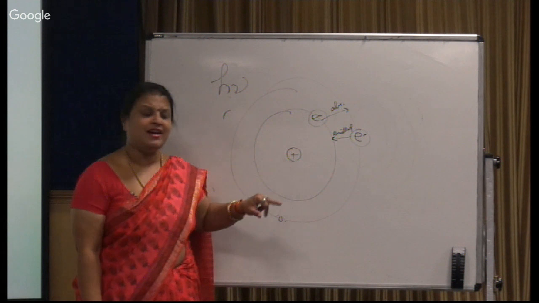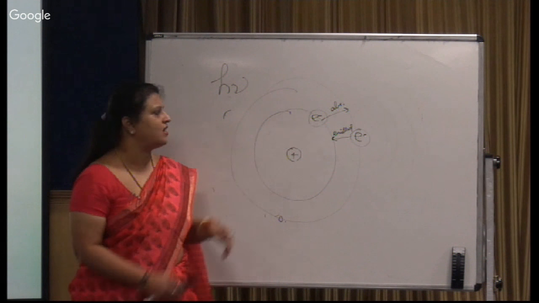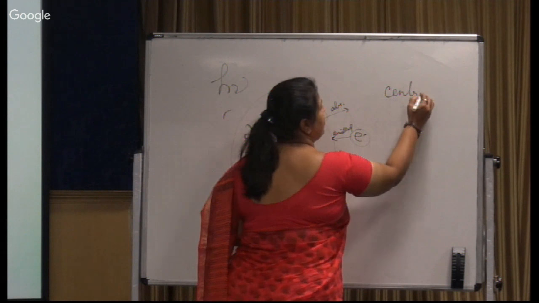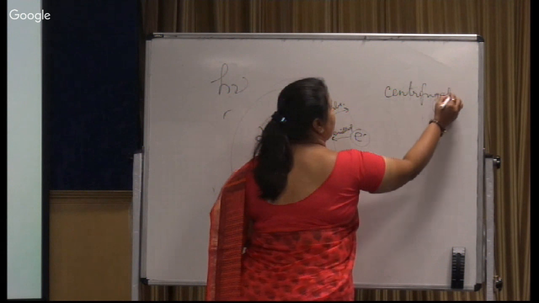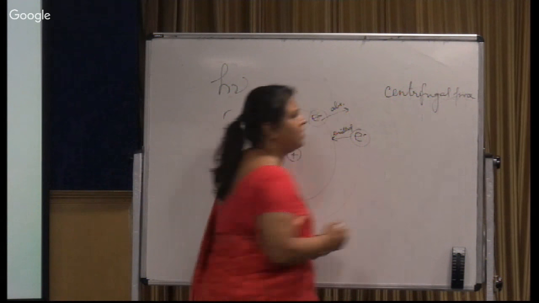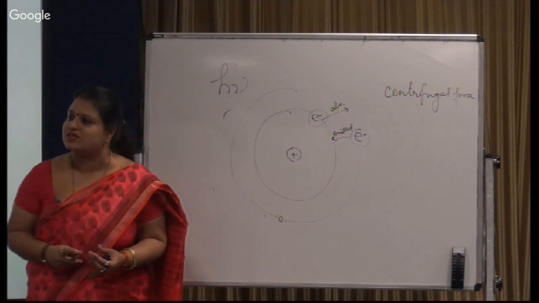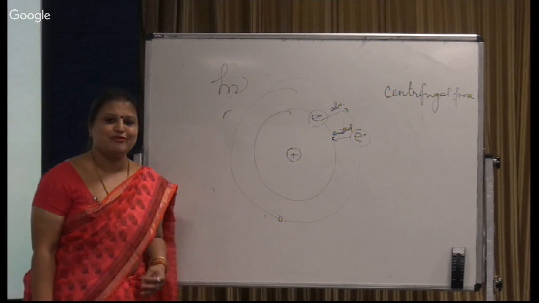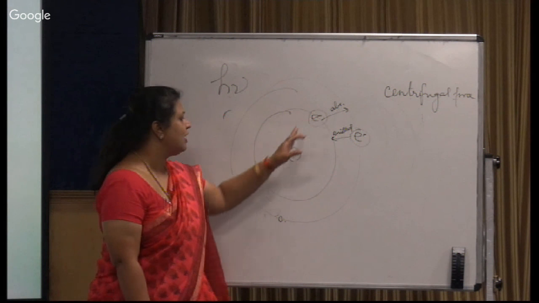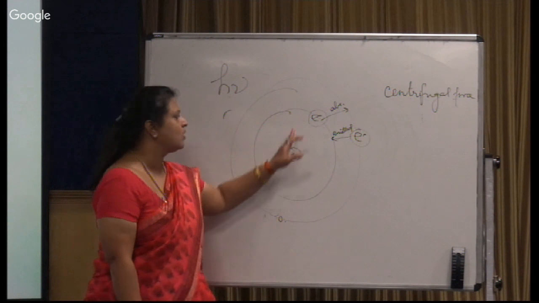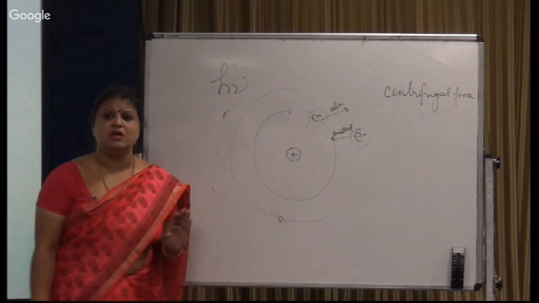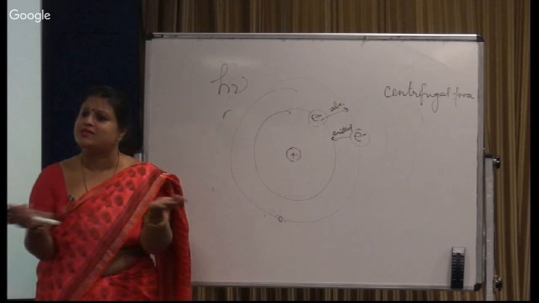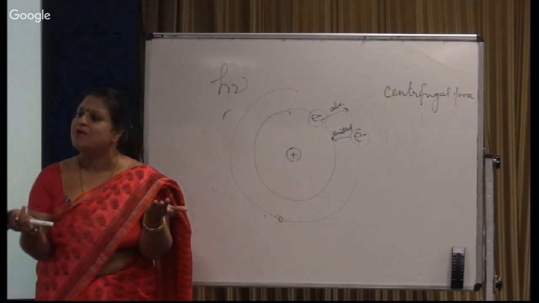So he said that to balance this electrostatic force of attraction, there is another force which keeps the electron away from the nuclei, and that is nothing but the centrifugal force. He said that for the atom to be stable, the electrostatic force of attraction between the nuclei and the electron is equal to the centrifugal force. And once these two opposite forces are balanced, the atom will automatically become stable.